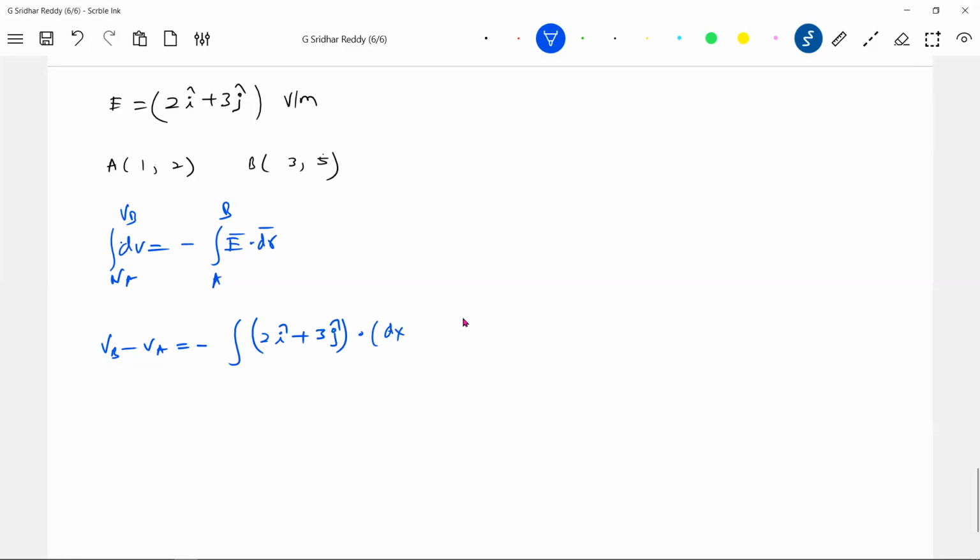Dr bar you can write as dx i cap plus dy j cap. Let me write VB minus VA only, or put the negative sign on this side and you'll get VAB.